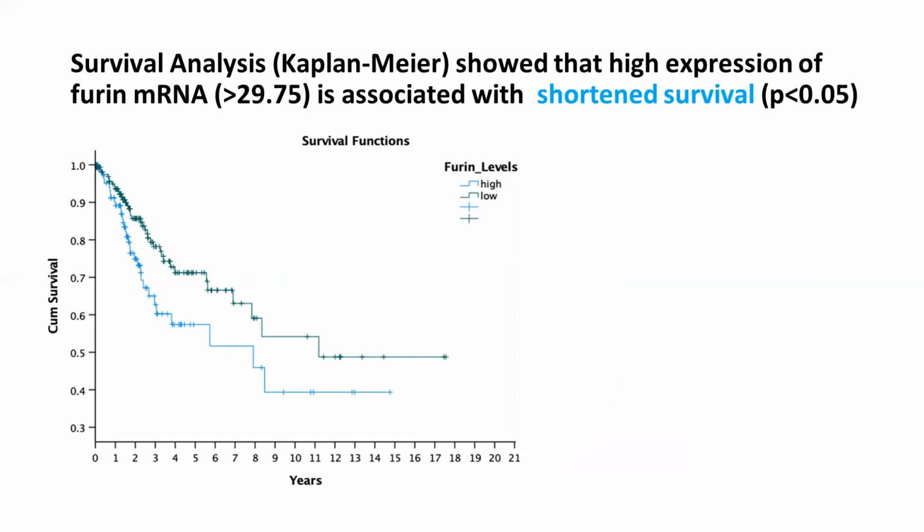As our diagram is showing, the lighter color shows a higher furin expression, and the darker color shows lower furin expression. We can see the number of years from 0 to 15 years, and the lower furin expression, which is the darker color, shows a longer survival.